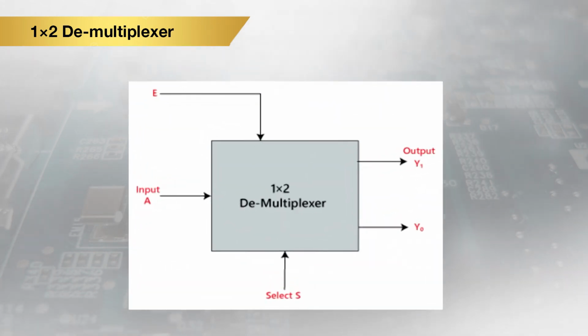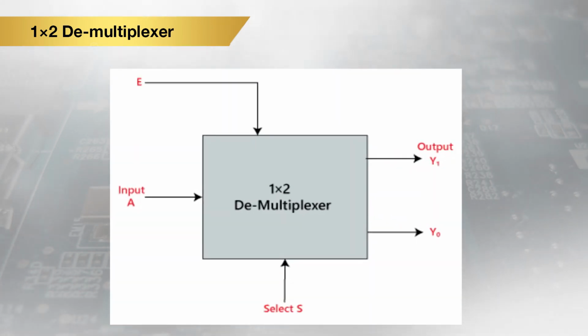So this shows a block diagram for a 1x2 demultiplexer. Here we have one single input A, then we have an enable line along with the one selection line, and there will be two outputs Y0 and Y1.